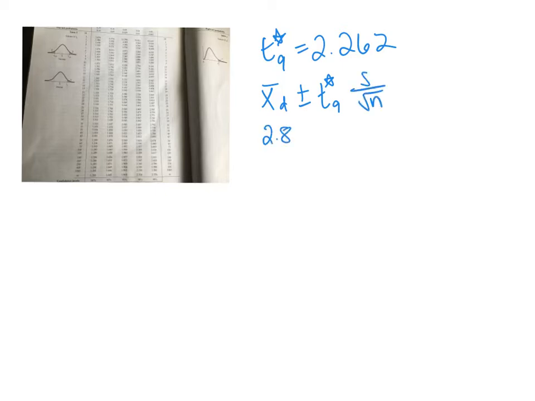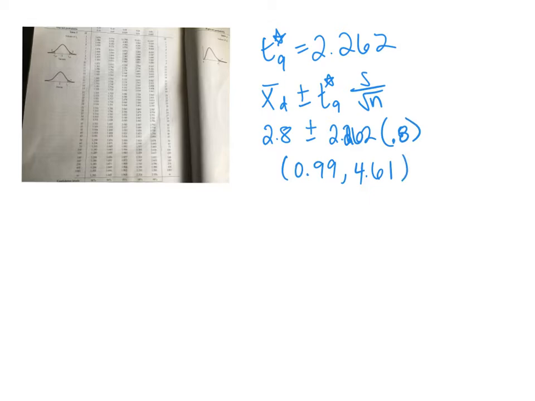Our x bar D was 2.8 from the last slide, and then t-star was 2.262, and our standard error was 0.8. That was the bottom of our t calculation. And then we can do that in the calculator, and we get 0.99 and 4.61.